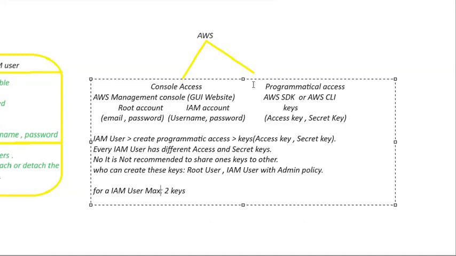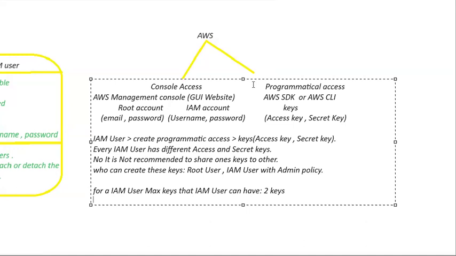How many maximum keys can you create? The maximum number of keys an IAM user can have is only two. So a very important certification question is how many programmatic keys a user can maintain.